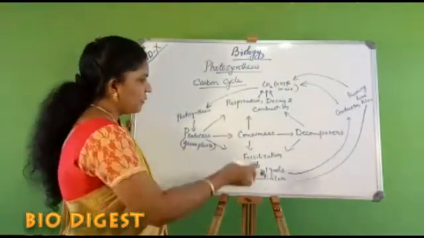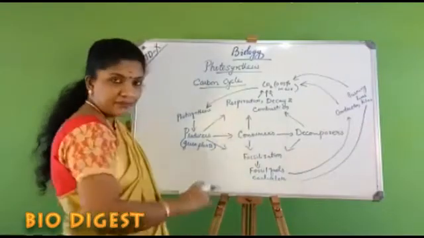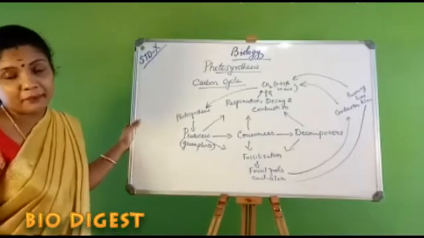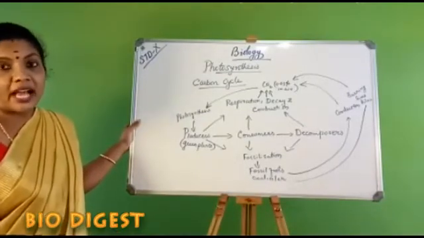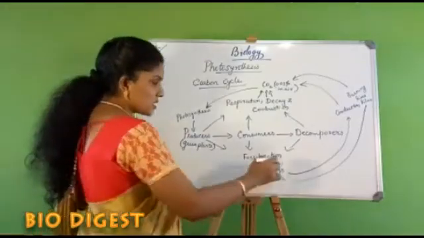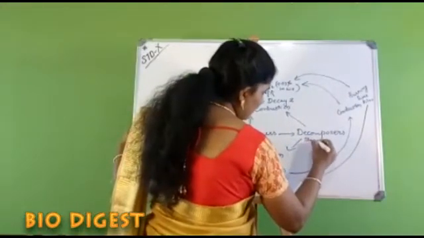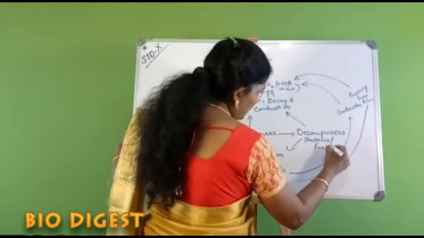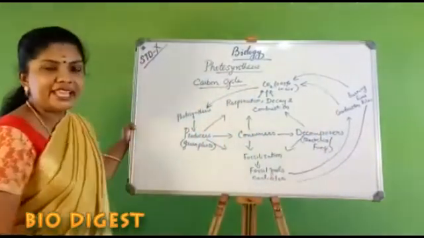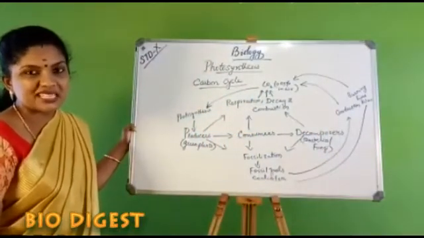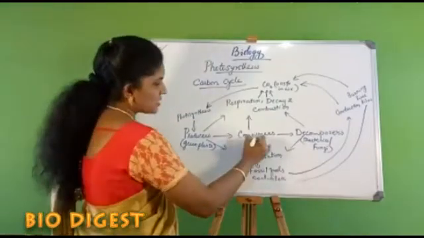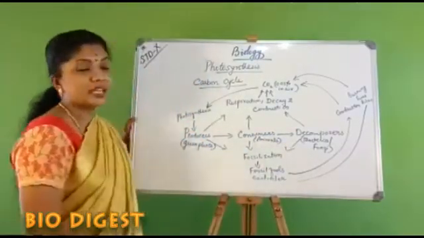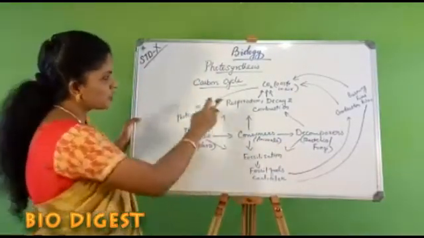At the same time, when these consumers die, their dead bodies will be acted upon by the decomposers, which include bacteria, fungi, etc., decomposing the organic matter present in the dead bodies and thereby releasing carbon dioxide into the atmosphere. I hope this much is clear.